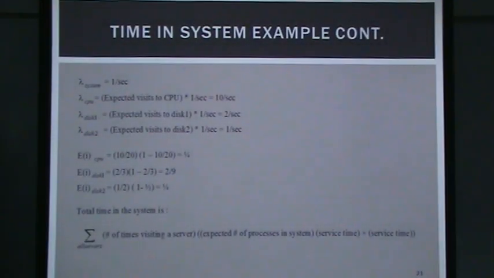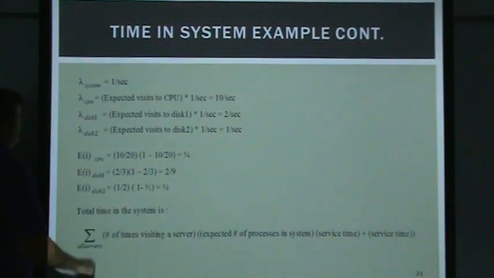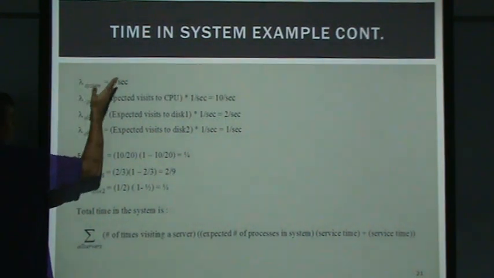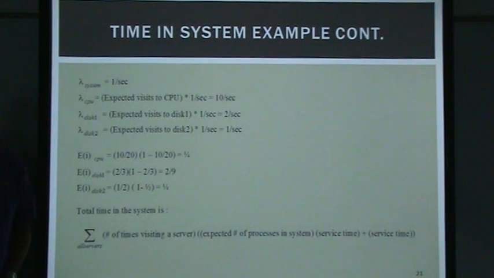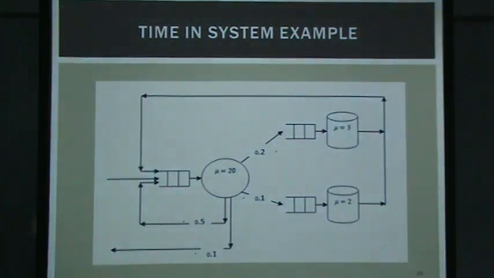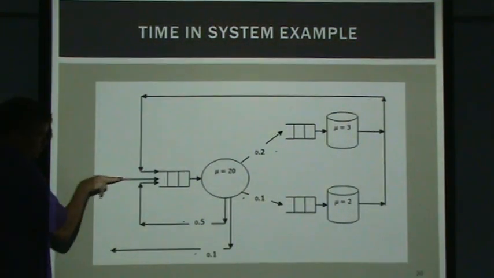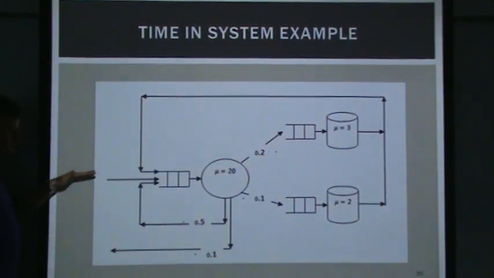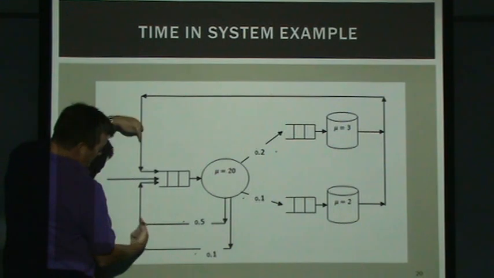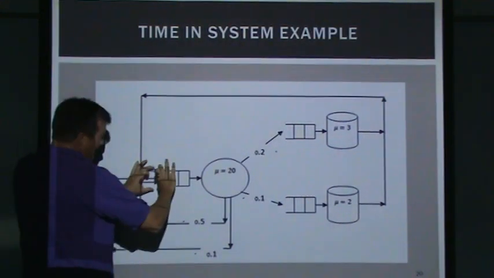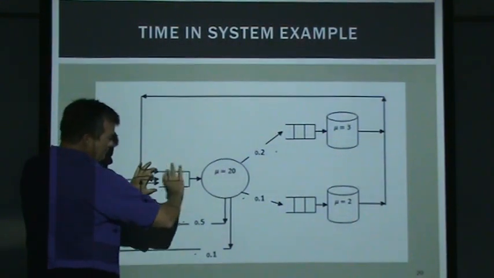So what we can do is say, in this example, lambda going into our system is 1 per second. So the rate along this line is 1 per second. But what we said was, every time we come along here, there's 9 additional visits coming in through these ones. So the rate into this queue is 10 per second.